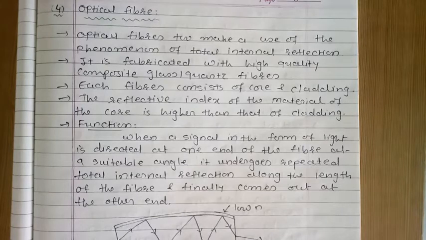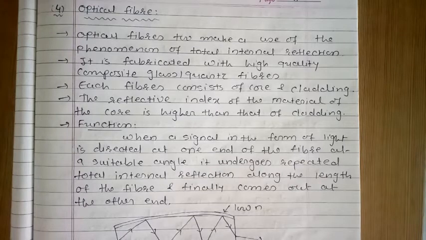It is made or fabricated with high quality glass or quartz. You have to remember that optical fiber makes use of the phenomenon of total internal reflection. This optical fiber is fabricated with high quality glass or quartz.